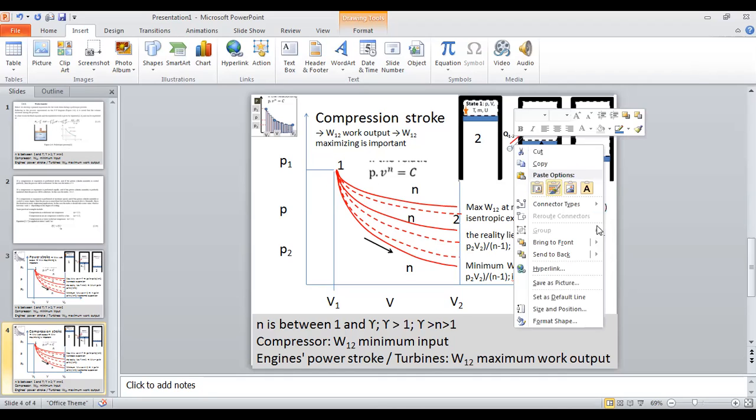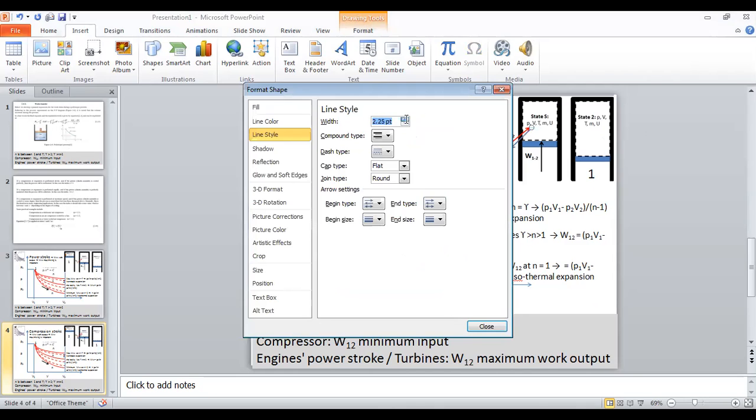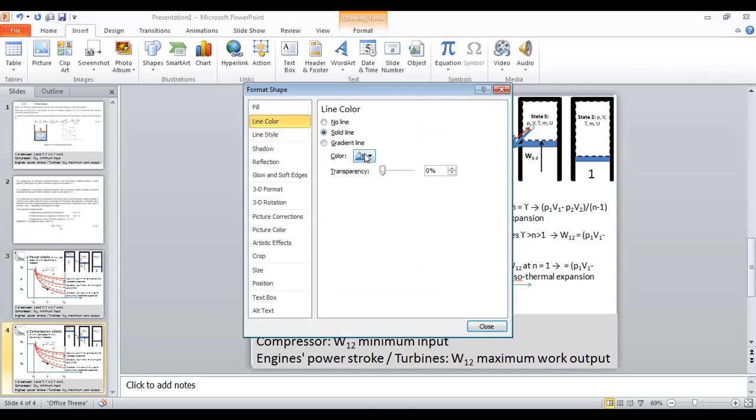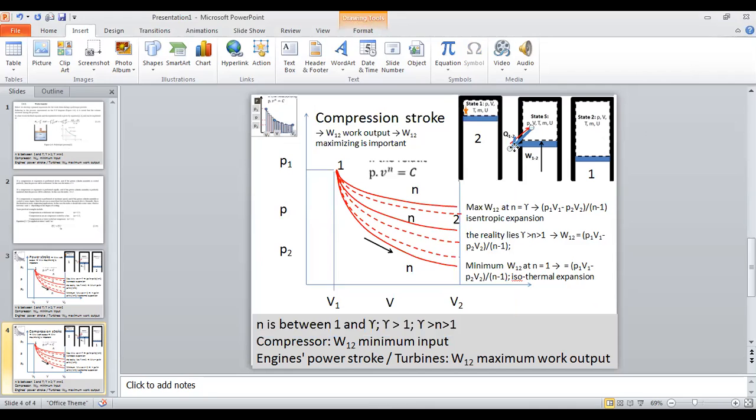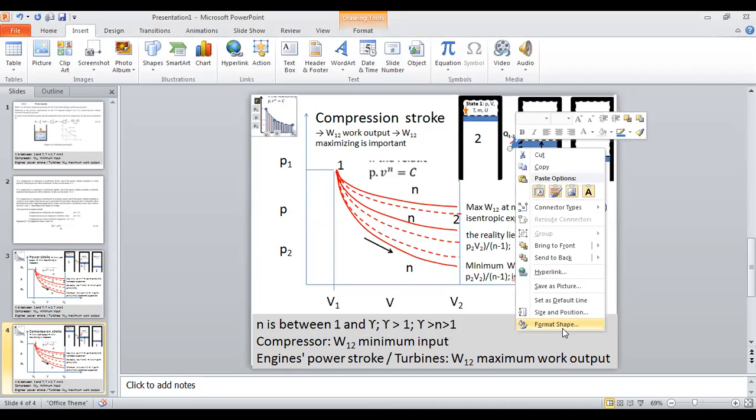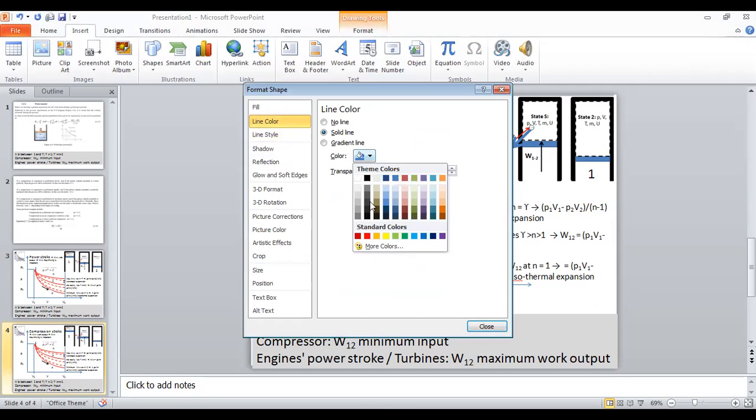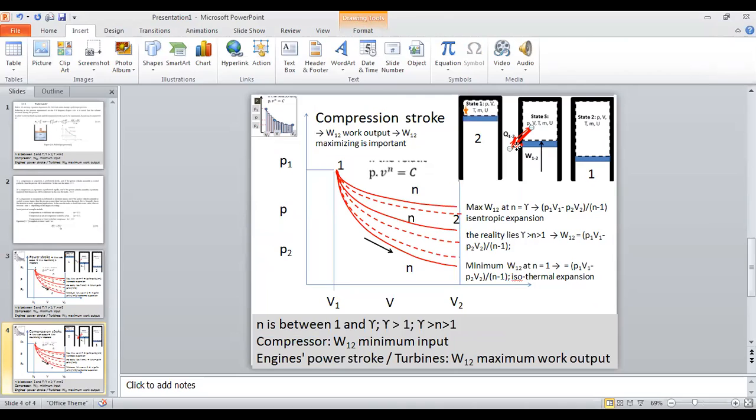Like this. So then this is a kind of a compression.